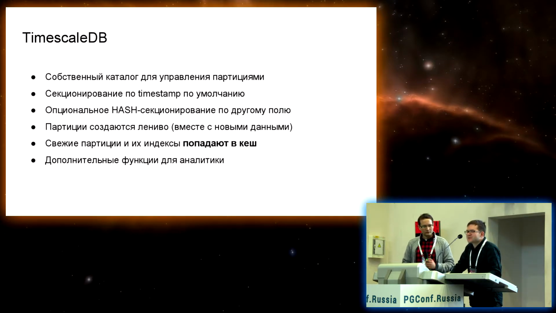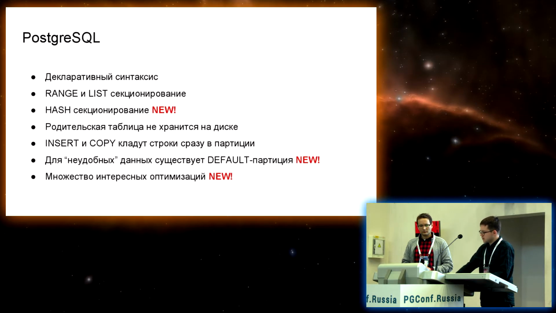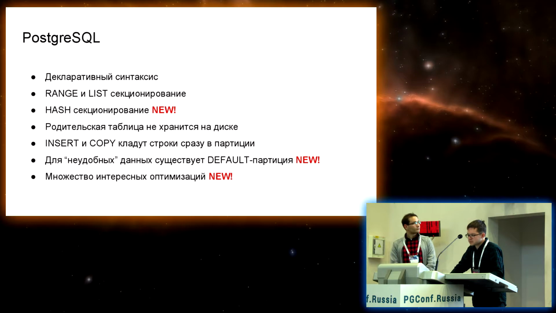And finally, last but not least, additional functions for analytics. Clearly, if it's time series DBs, you need to process the data somehow, and it will be much more efficient if they give you an opportunity to do it by themselves.